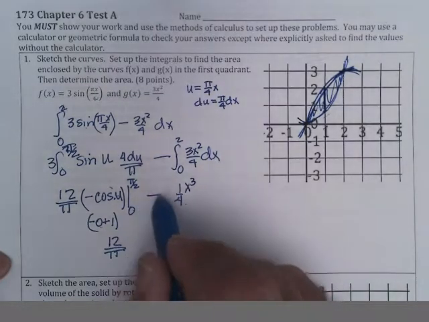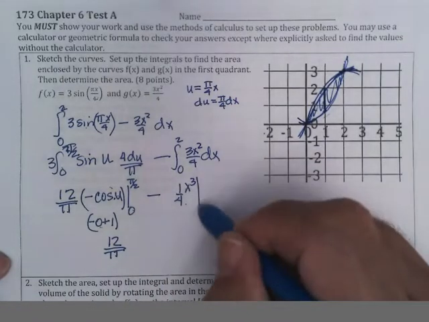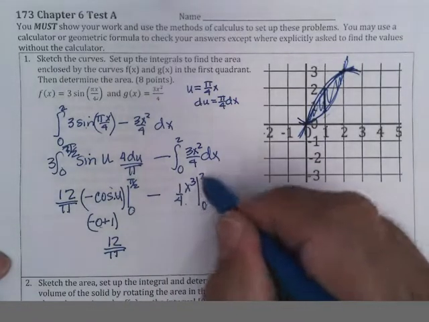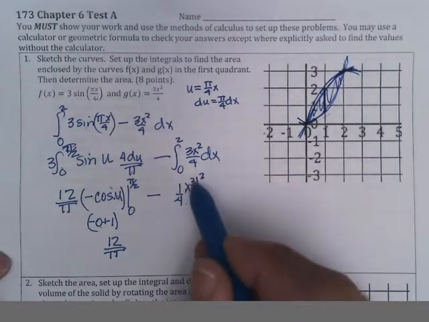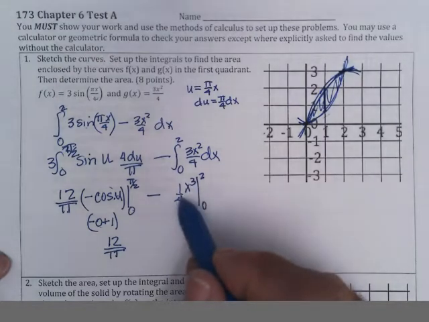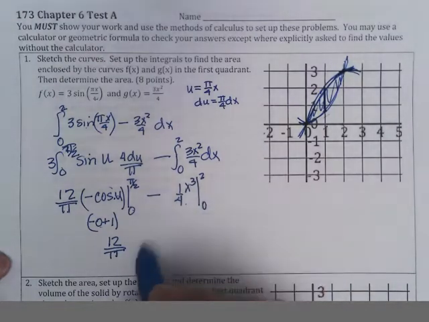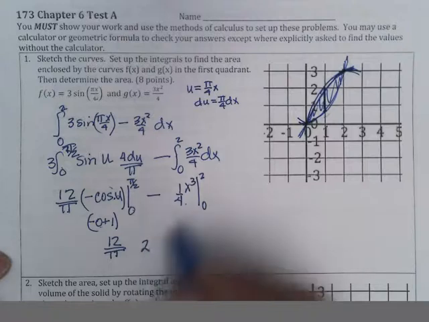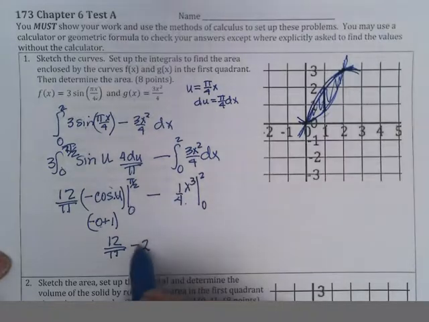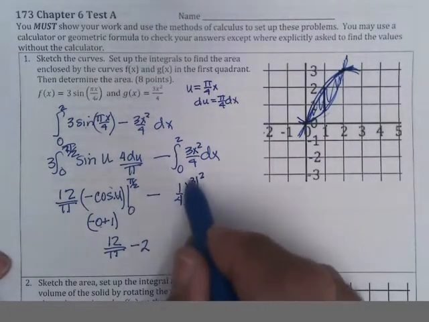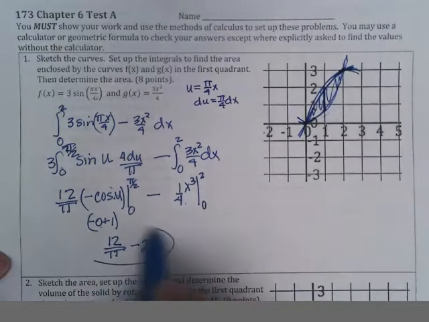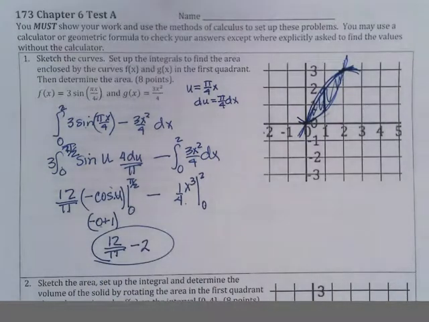And I'm subtracting this, going from 0 to 2. If I put 2 in there, I get 8 divided by 4, which is 2. And that subtract. And then put in 0, and I get 0. And so that is my answer for that.